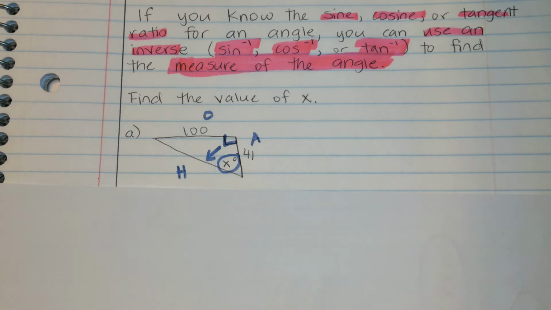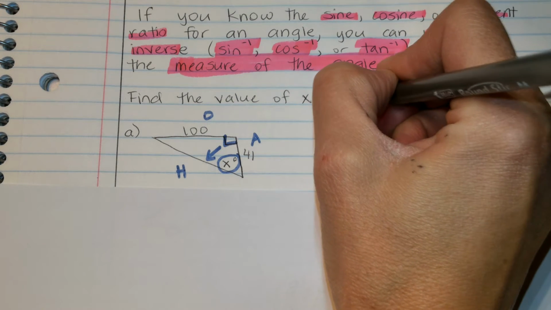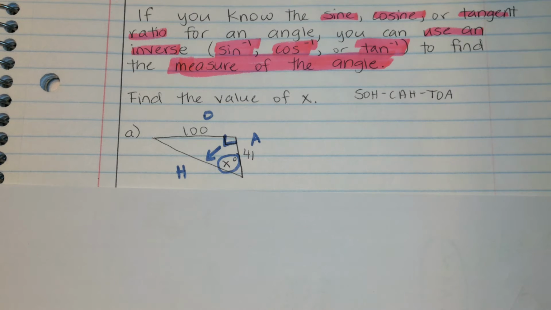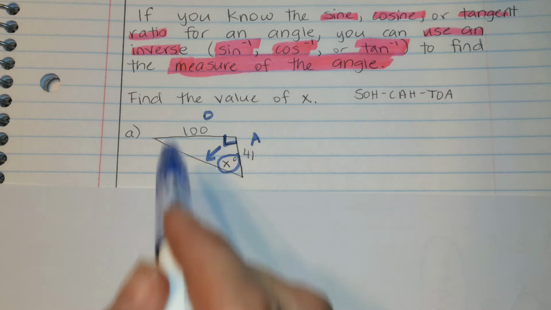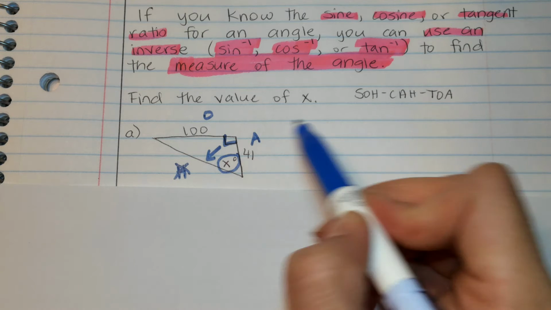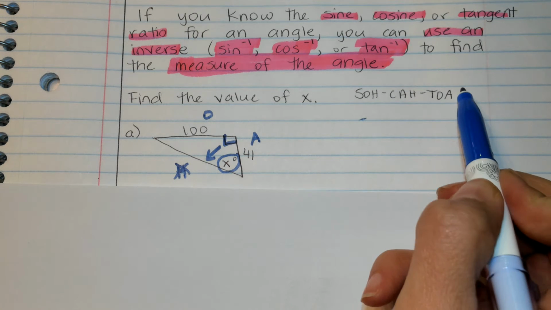So what we need to remember is SOH CAH TOA. And based on that, I can figure out which trig ratio to use, if I use sine, cosine, or tangent. So I only have the O and the A. There is no H. So looking over here, if I only have an O and an A, that would be TOA.